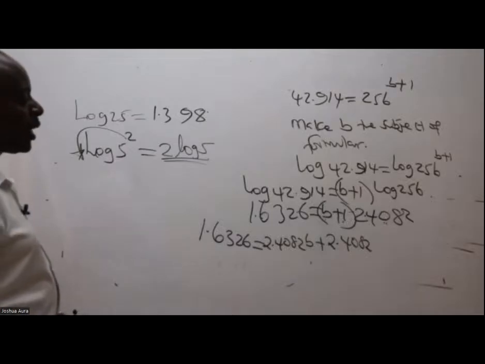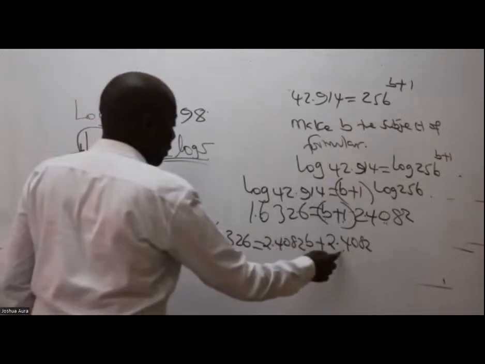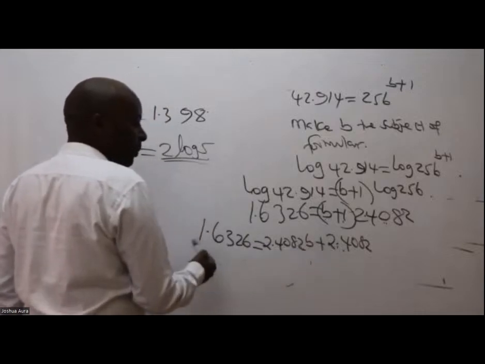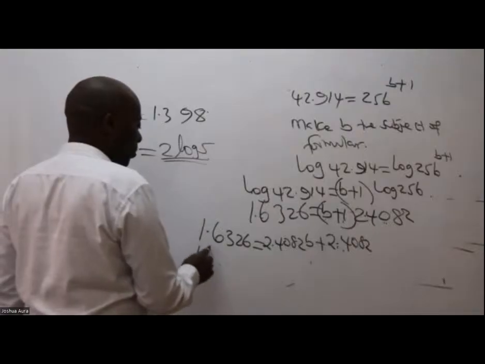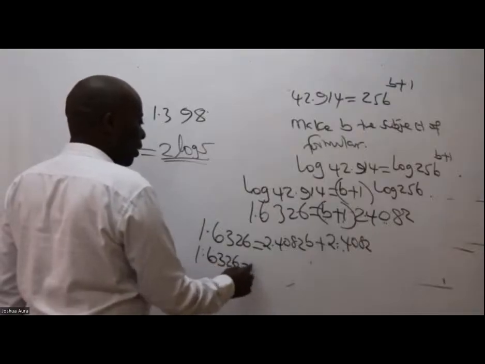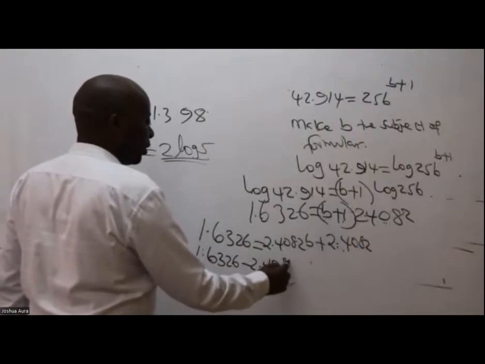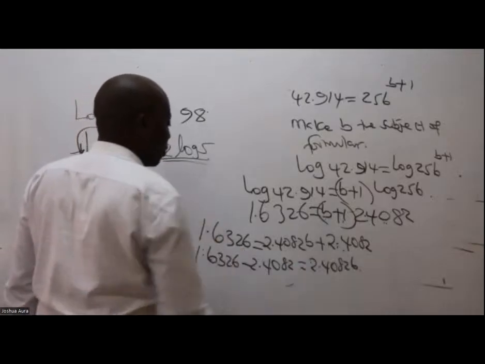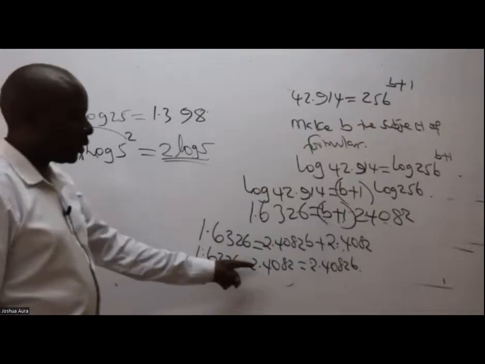Then we put like terms together and take this to the other side. Here it will have to become a negative. So it will be 1.6326 minus 2.4082 equals 2.4082b. Is there somebody who can give me this figure when you subtract?